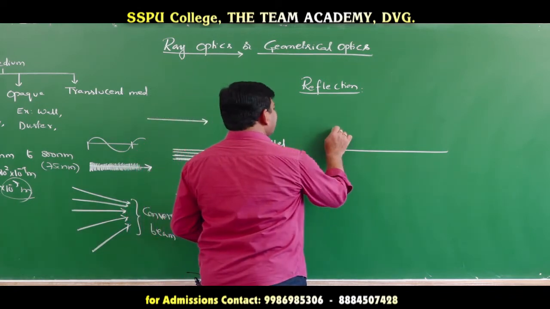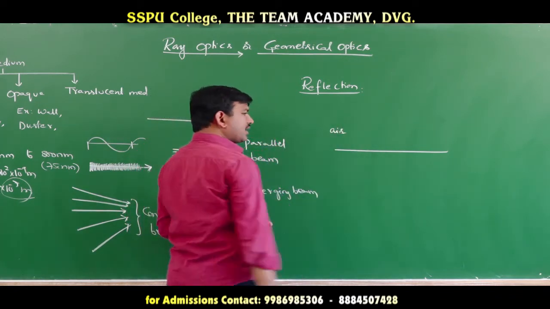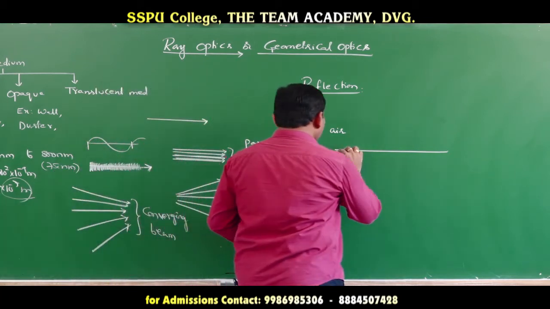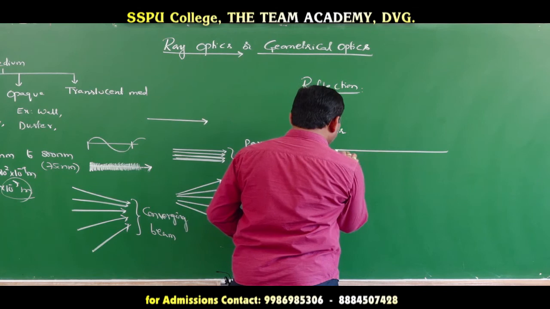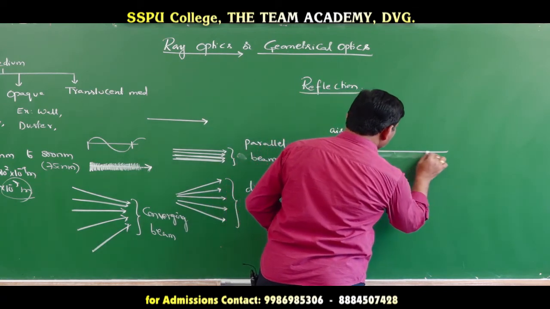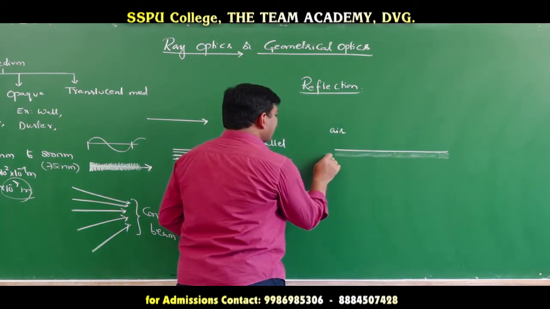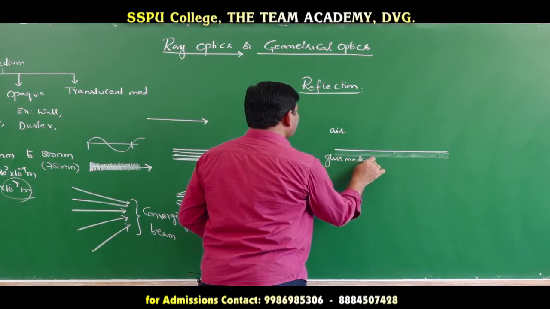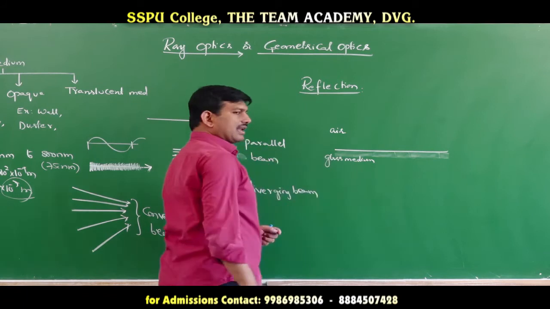Let us consider this is air medium. Air is an optical medium because light can propagate through air. And let us consider below this plane there is a glass. So this is the glass medium. Above it is air medium, and below it is glass medium.